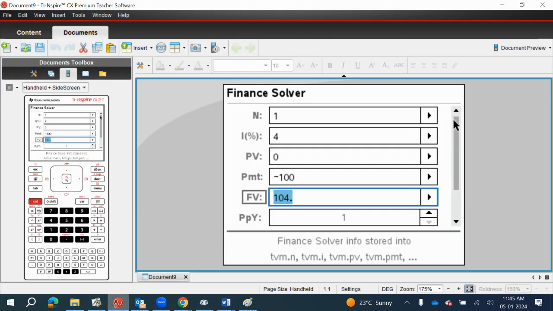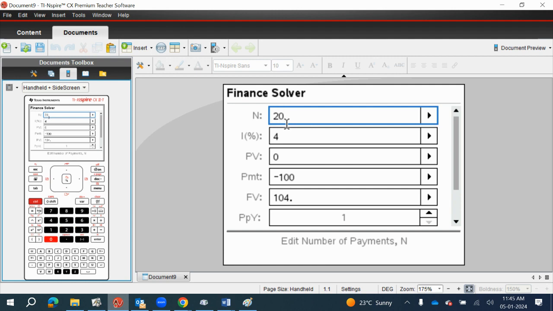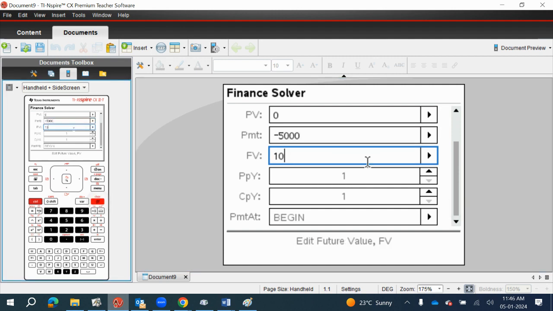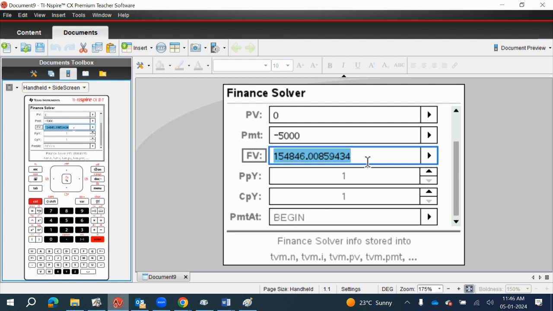So in the finance solver we want 20 payments, 4% interest, 5,000 at the beginning of every year, and the future value will be, there we go. It's not 100,000 lira, it's 154,000. That's how much interest we get.